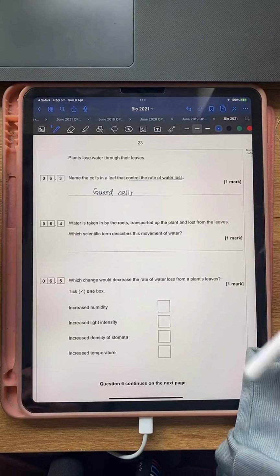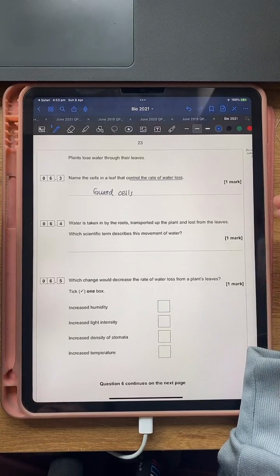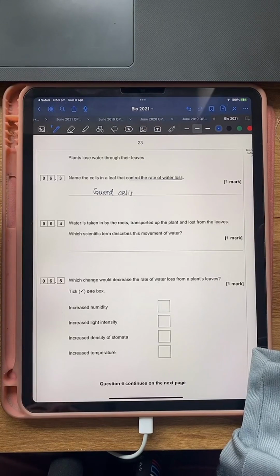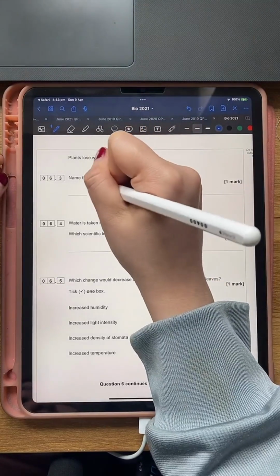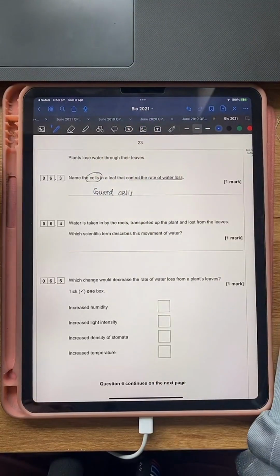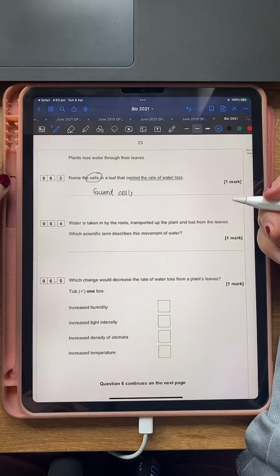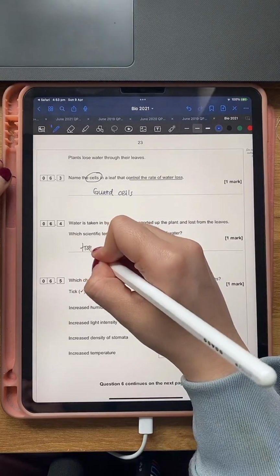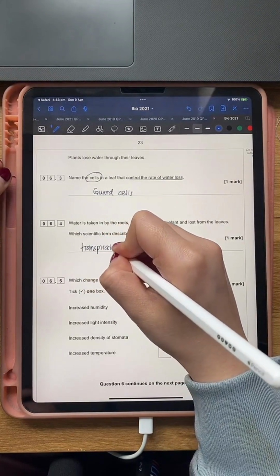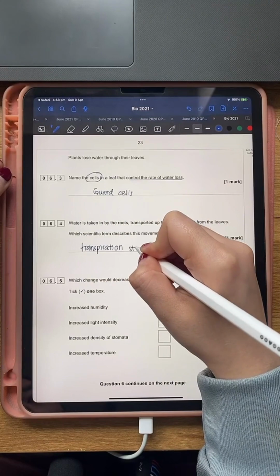Which scientific term describes this movement of water? Yeah, transpiration. Transpiration stream. That's the correct term. Osmosis is the process of water coming into cells, but this is the process of water leaving the plant, and that's called the transpiration stream.